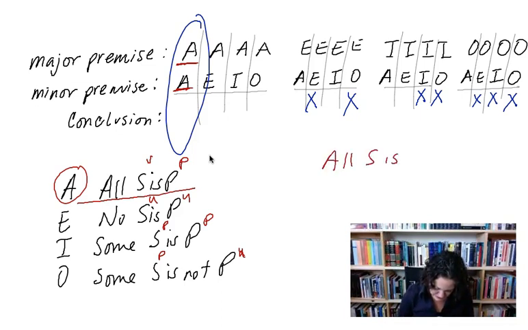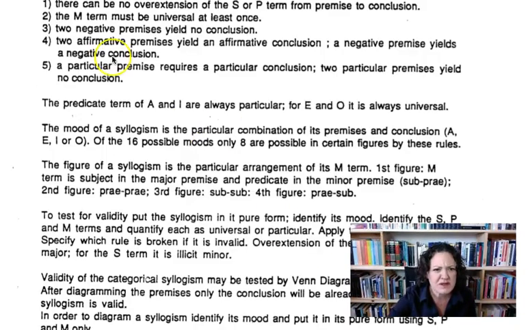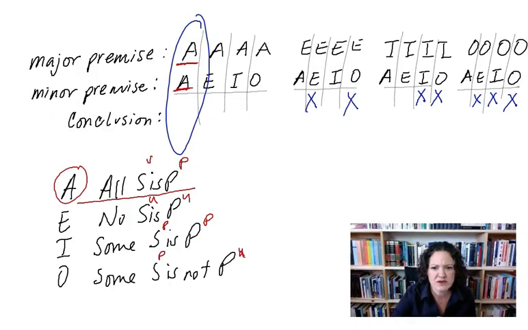All S is P, all S is P. And now what's my conclusion? Okay, it really won't look like this because we have a middle term, so we have another term we have to get in there. That will be what the figure is about. All right, so two affirmative premises yield an affirmative conclusion.